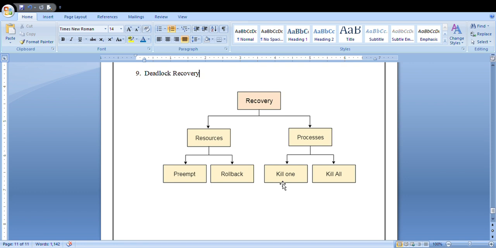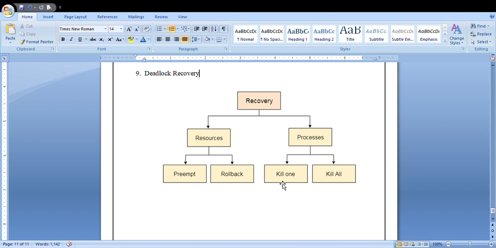But the one major thing in this rollback is that the operating system should have a checkpoint of each and every process. It means that when you go back from a state, there should be a checkpoint.